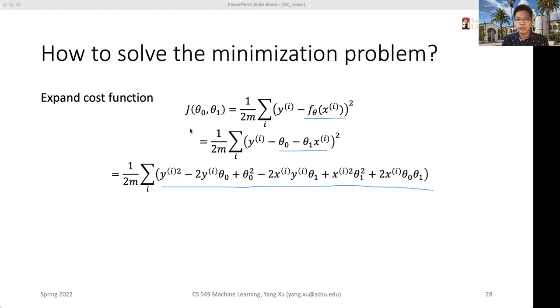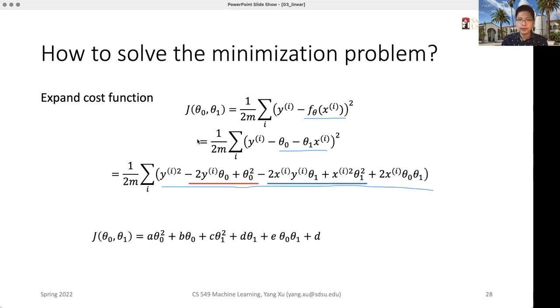It looks like a very typical quadratic function. The red part and the blue part are all quadratic functions with respect to theta 0 and theta 1. When we ignore all those x and y's, because they are constants from the data, we can basically write our cost function in this form.